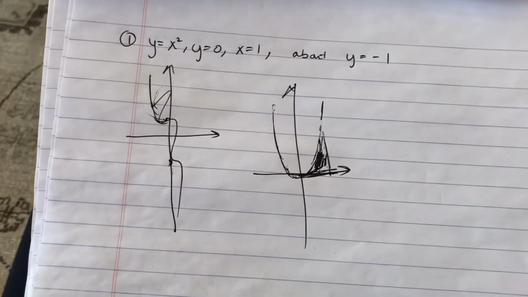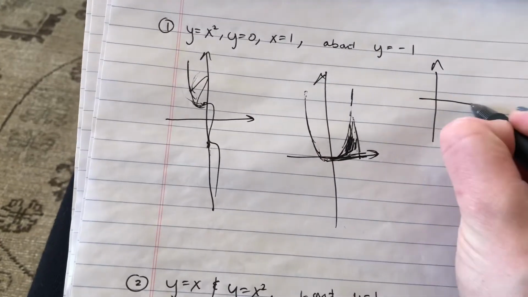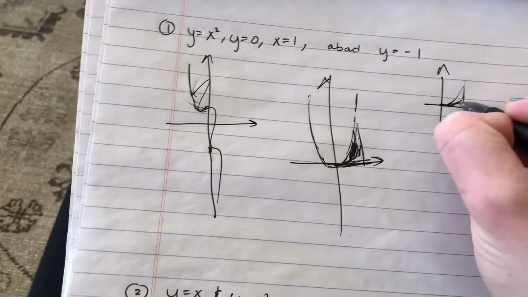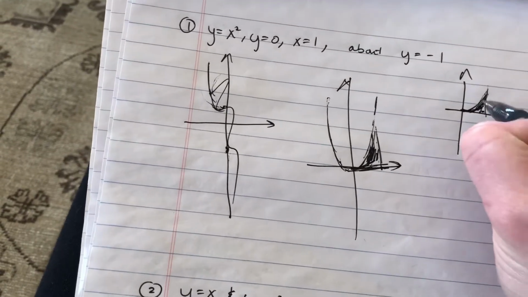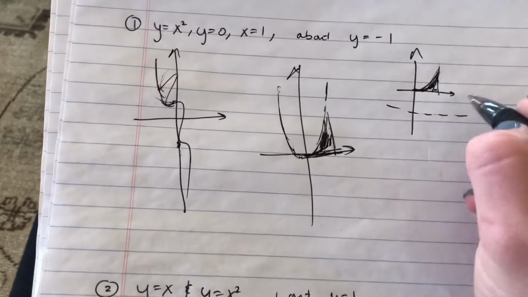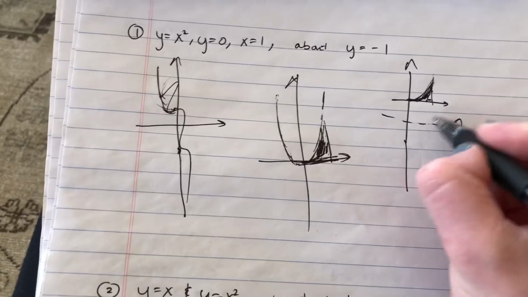So let me draw a better picture of this. We've got this little shape here, and I'm going to revolve around the line y equals -1. That's what I'm rotating about. You see how you have this 1 unit gap here?